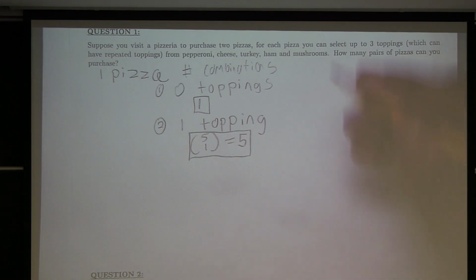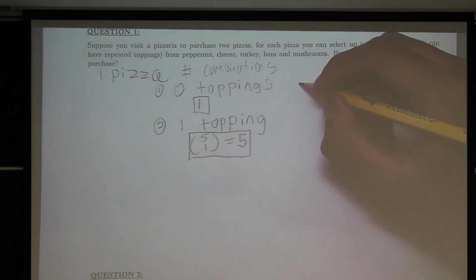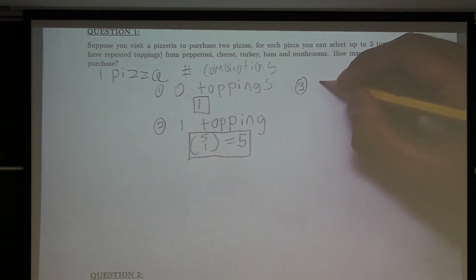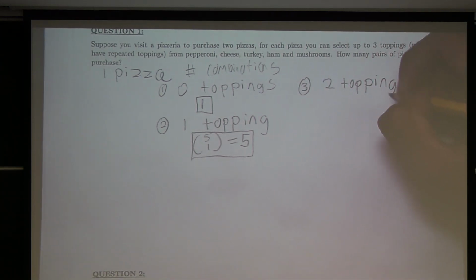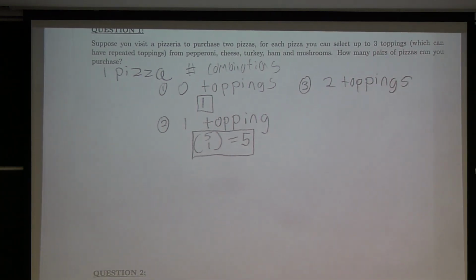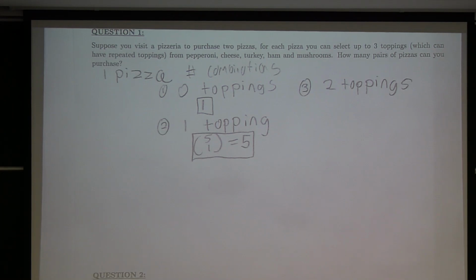Now, this is where it gets a little bit trickier, and this is when we have 2 toppings. So with 2 toppings, we could either have both of the toppings being different, for example, pepperoni and cheese, or we could have the toppings be the same, so double pepperoni.